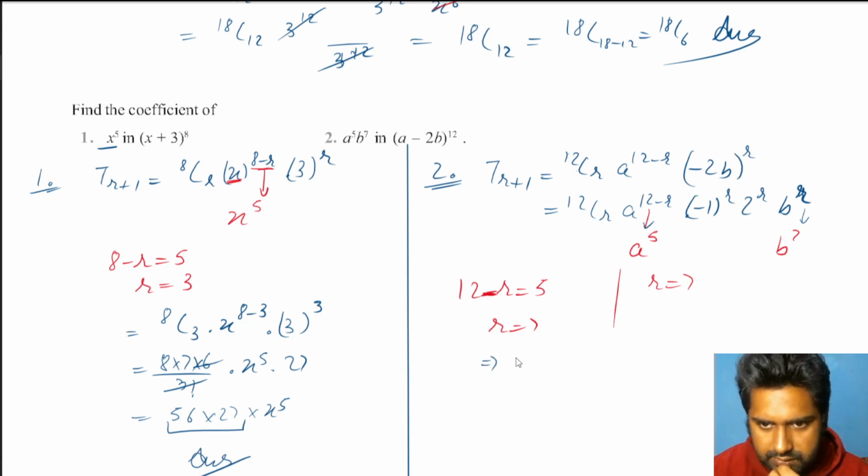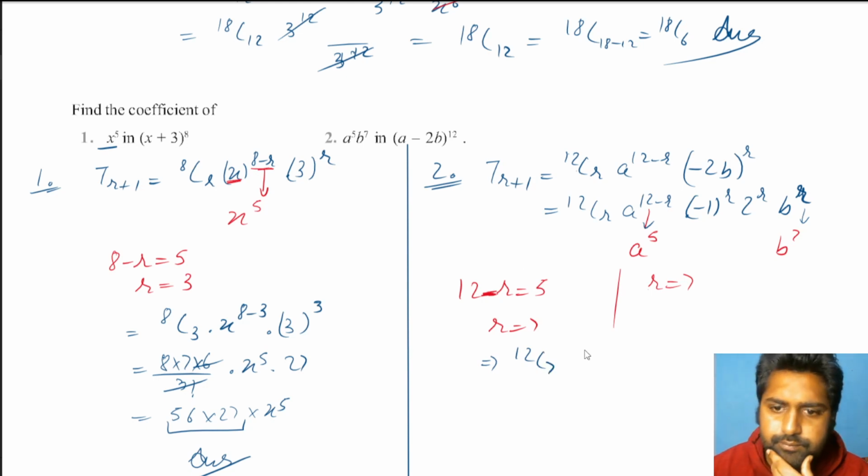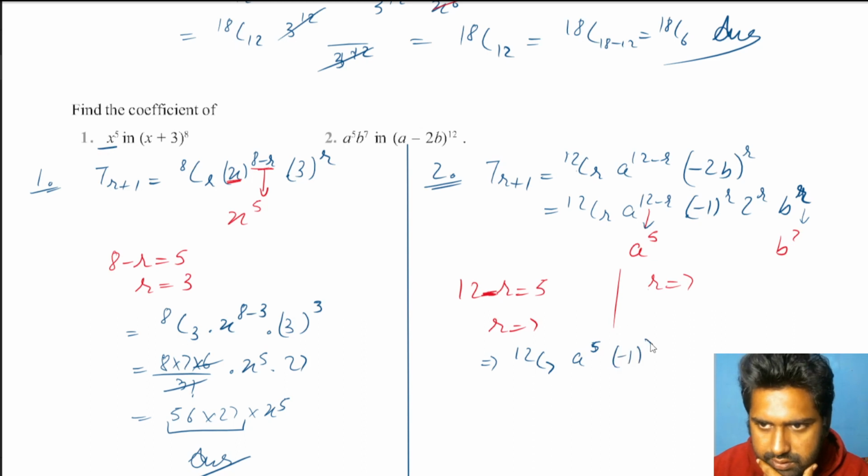Put the value of r now. So that gives 12 C 7 a raised to power, of course it will become 12 minus 7, 5, and minus 1 raised to power 7, 2 raised to power also 7, b raised to power 7. So answer will be, negative power is odd, so negative 12 C7 and 2 raised to power 7, it will be a larger value, and a raised to power 5, b raised to power 7.